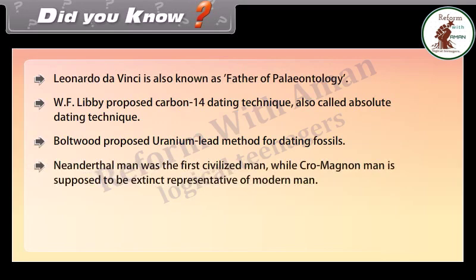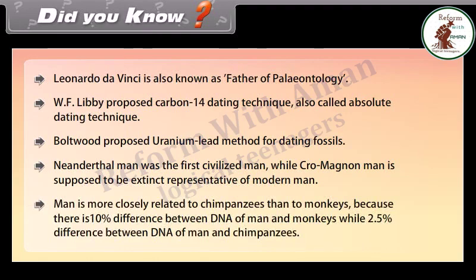Neanderthal man was the first civilized man, while Cro-Magnon man is supposed to be an extinct representative of modern man. Man is more closely related to chimpanzees than to monkeys because there is a 10% difference between the DNA of man and monkeys, while a 2.5% difference between the DNA of man and chimpanzees.